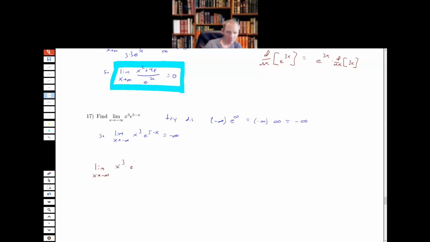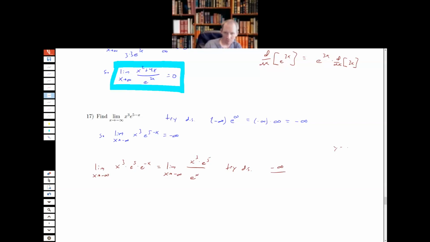This e to the 5 minus x I can write as e to the 5th times e to the negative x, and I can get a fraction going now because I can put this e to the x in the denominator, and I have x cubed times e to the 5th in the numerator. And now when I try direct substitution, e to the 5th is a constant, so that's not going to do anything much. Again, x cubed, as x is going to negative infinity, I'm going to have a negative infinity cubed, so that's a negative infinity.